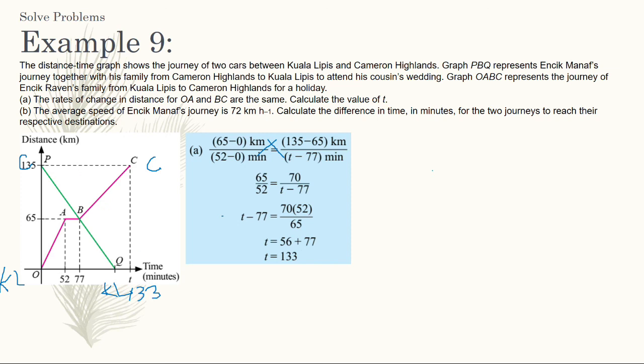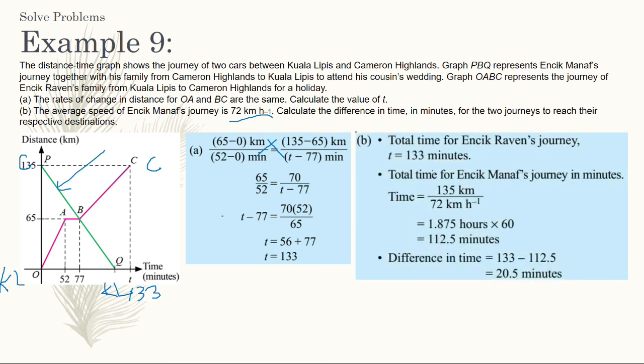Now we look at B, the average speed of Encik Manaf's journey. Which one is Encik Manaf? The green color one, right? So you're given the average speed is 72 km per hour. Calculate the difference in time in minutes for the two journeys to reach their respective destination. So to calculate the difference of time, we know that the total time taken for Encik Raven's family is equal to 133, right?